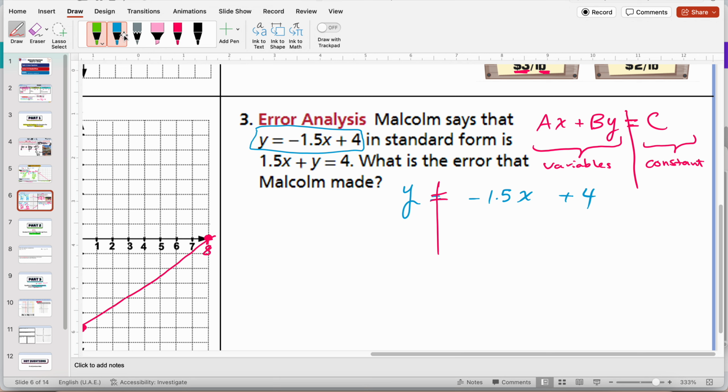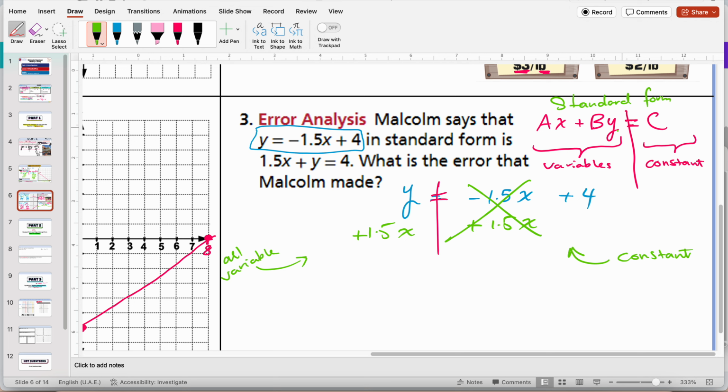We're gonna add 1.5x on both sides. Why am I adding 1.5x? Just to cancel the variable from the right side. I want it to be only constants, and the left side I wanted to have all variables, so it looked like the standard form.